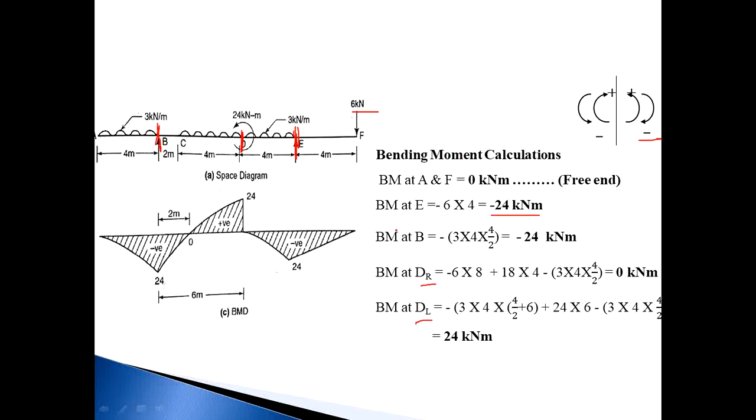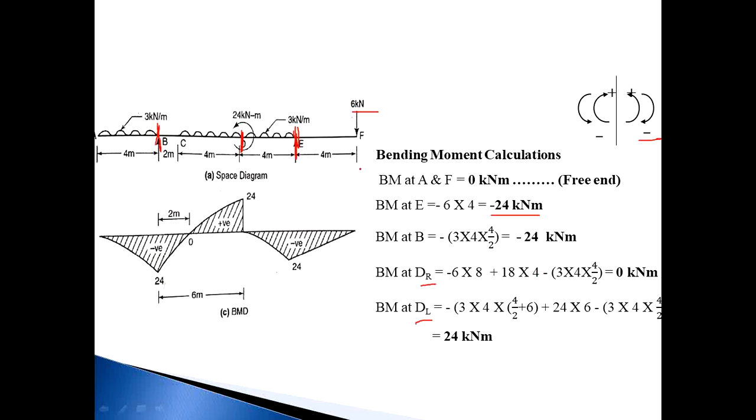So start, that is minus 6, from D the distance is 4 plus 4, 8, that is minus 6 into 8. Then next at point E, RE is 18, direction of moment is positive, so plus 18 into distance 4.